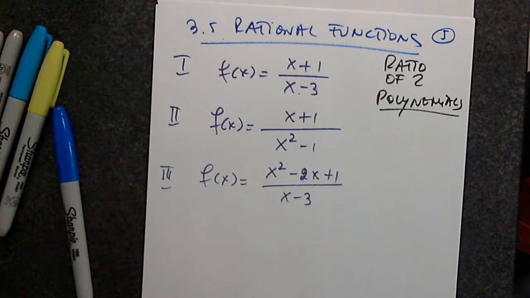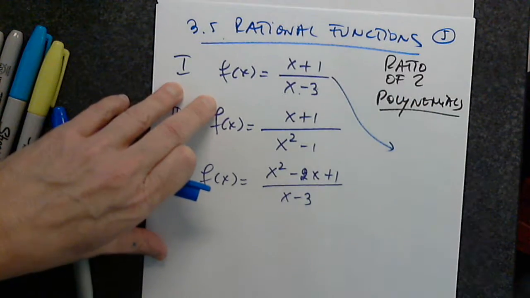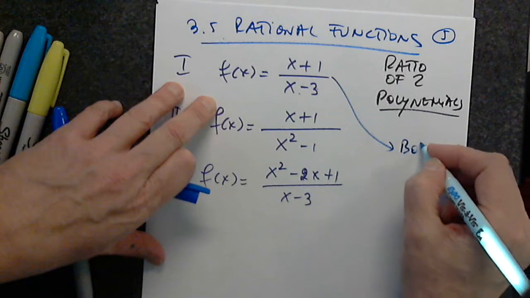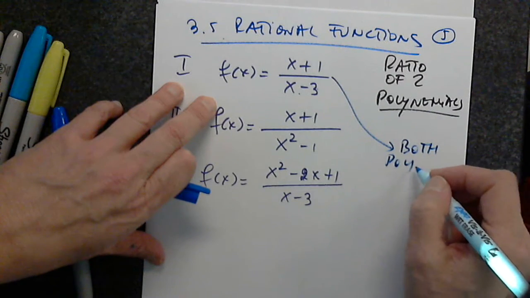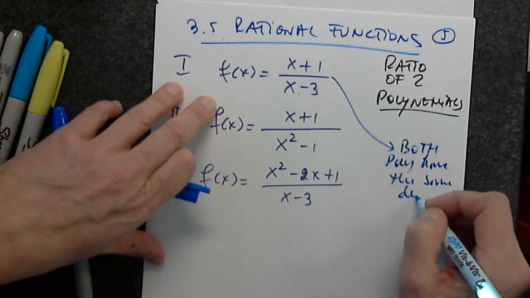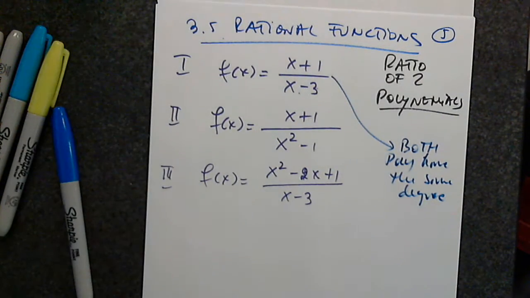Good. So type 1 is when both top and bottom have the same degree. They can be degree 2 over degree 2, degree 3 over degree 3, degree 1 over degree 1. As long as they have the same degree, top and bottom, it's type 1.